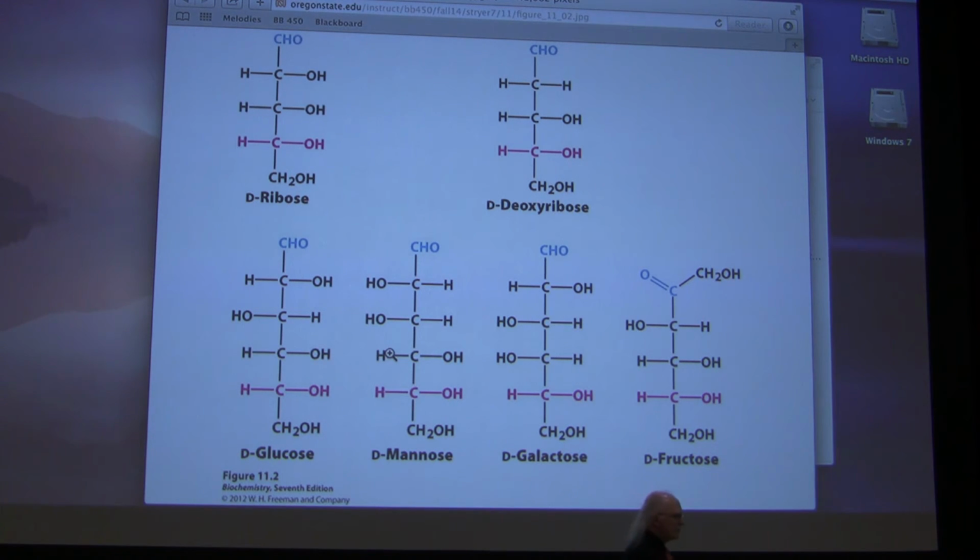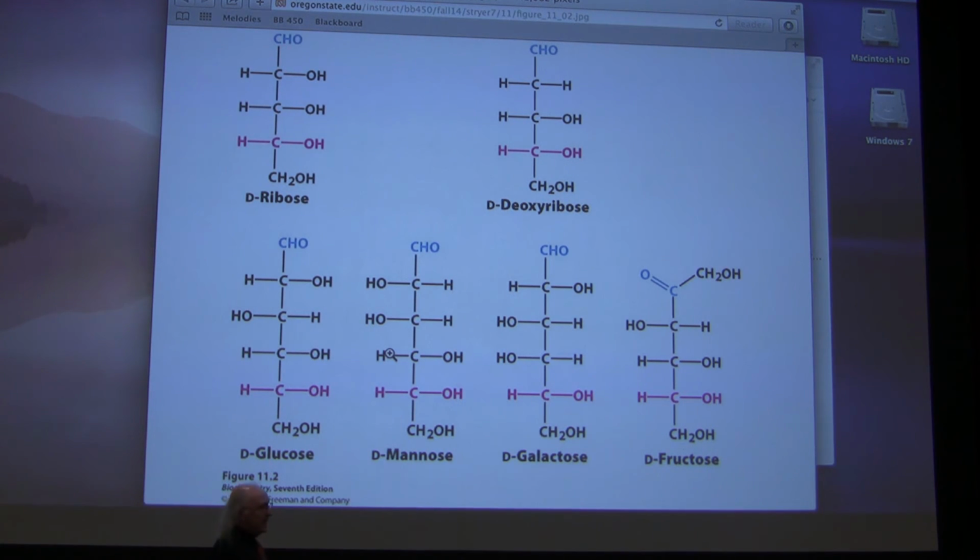The structures from here that you need to memorize are ribose, glucose, galactose, and fructose. If you look at these, you'll see that they're not that different from each other. Let's look at ribose.